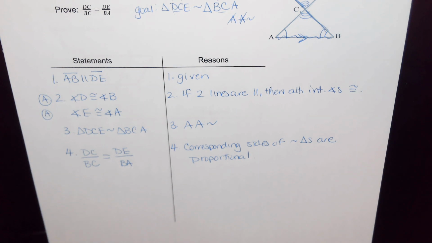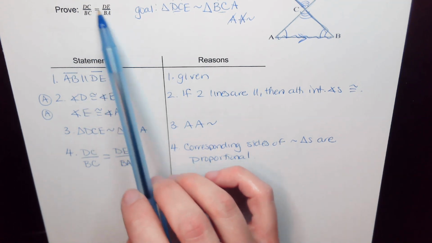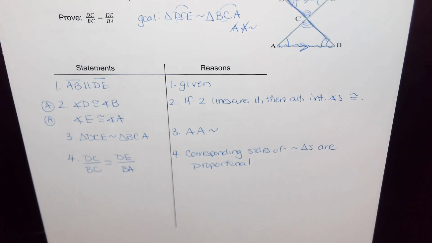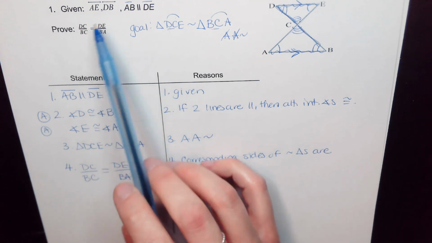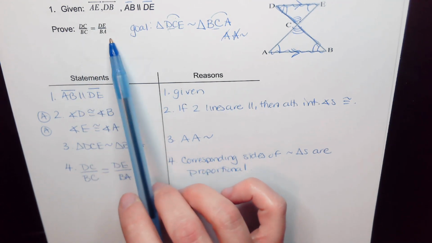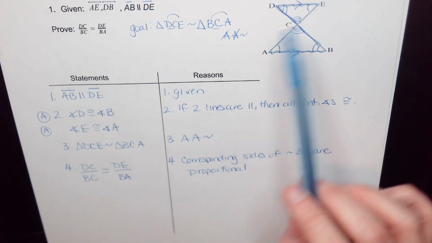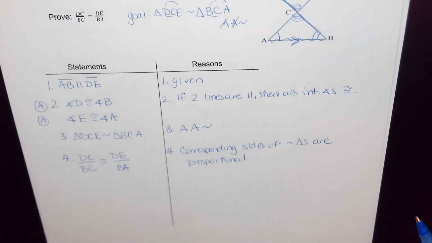We just actually write it out as corresponding sides of similar triangles are proportional. So the other thing you might see that we'll talk about in a minute is you could cross multiply those, which would bring us one step further there. But here we're just getting, as soon as you see a proportion that you're trying to prove, you should be thinking similar triangles. How can you get those triangles similar?